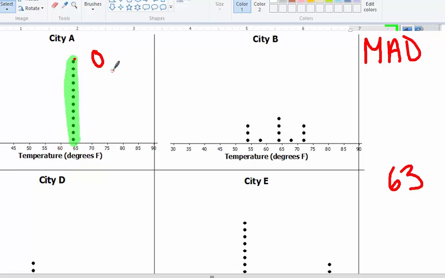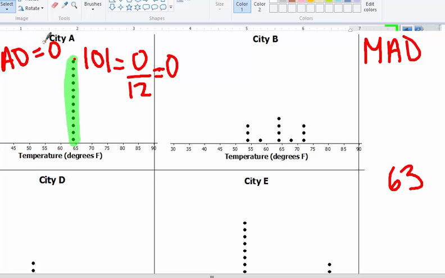So I'm going to be left with 0. The absolute value of zeros will be 0. So that's going to be 0 divided by 12, because there's 12 data points, which is 0. So this was easy since there is no deviations. So its MAD is 0. But now let's look at a more difficult one.